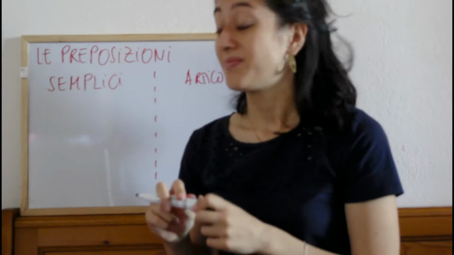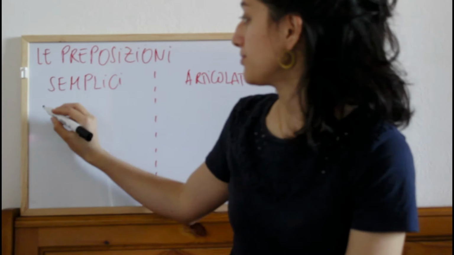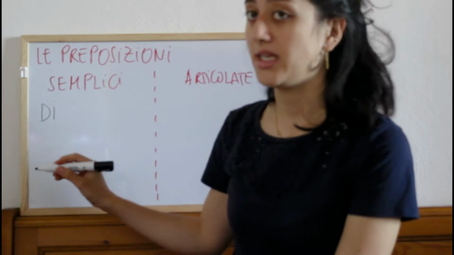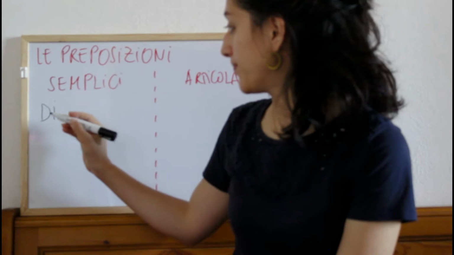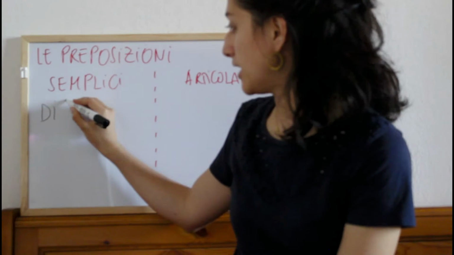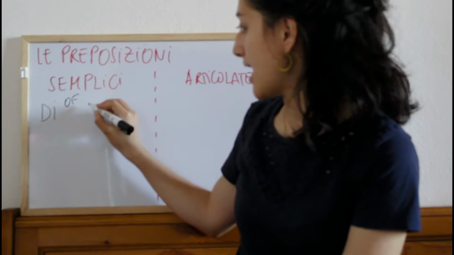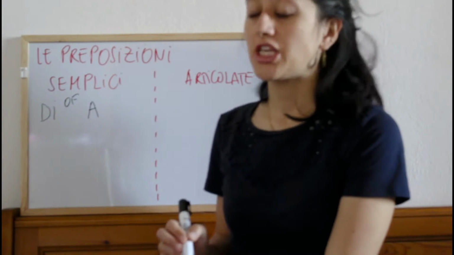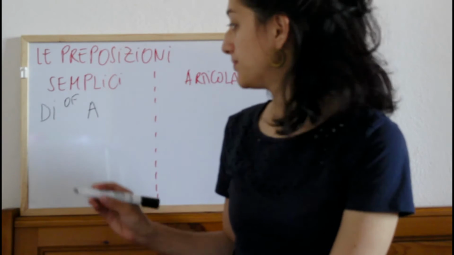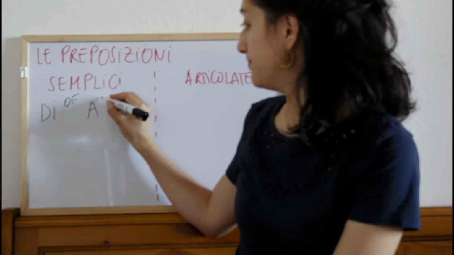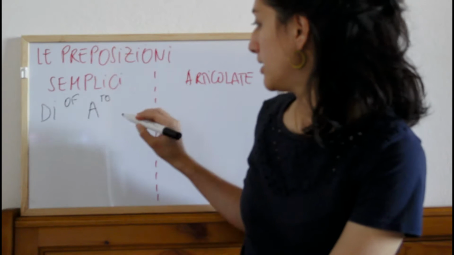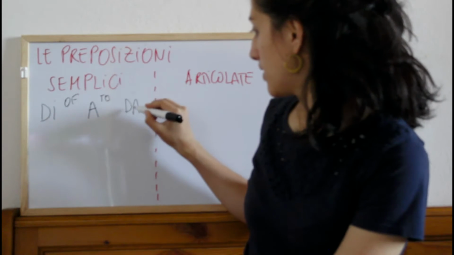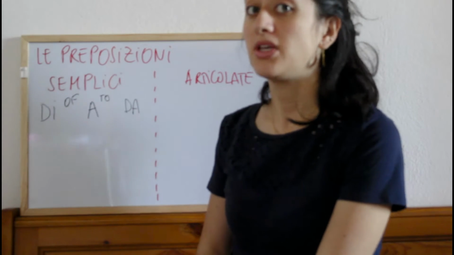Let's get started. Preposition di, which means of in English. A, which can mean to. Da, in English, can be from.